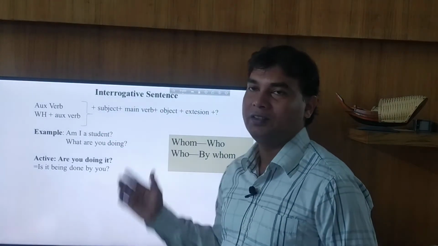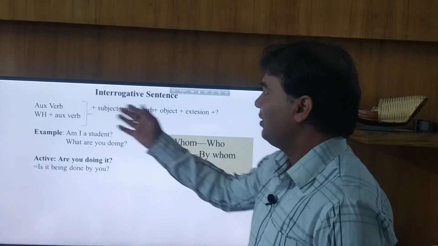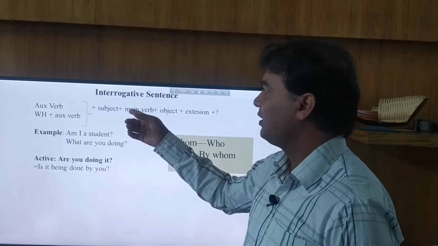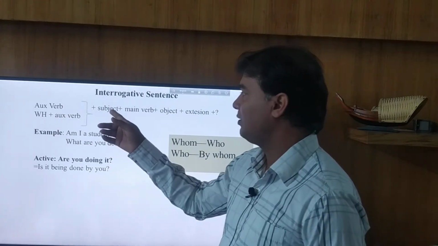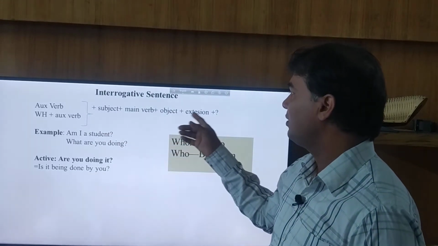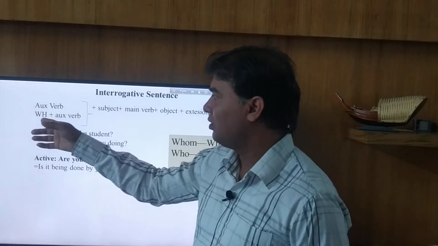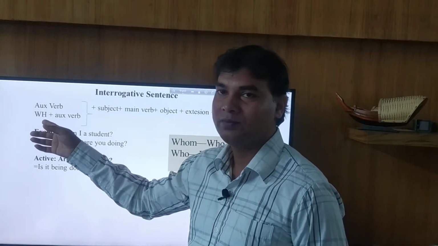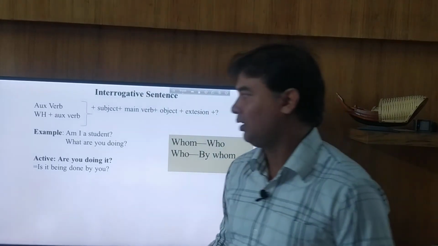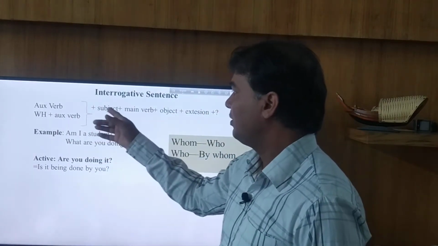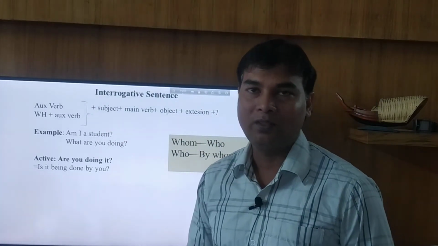Now interrogative sentence. This is also very important. Here you see the basic structure of an interrogative sentence. First of all, auxiliary verb, then subject, then main verb, then object, then extension, then note of interrogation. Or first of all, a WH word, meaning what, which, when, why, this type, then auxiliary verb, then subject, then main verb, then object, then extension, then note of interrogation.